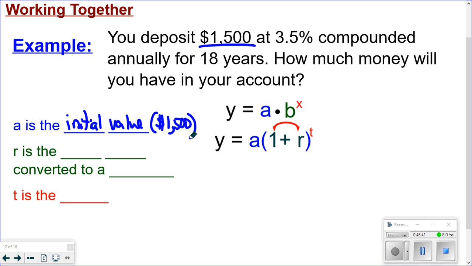Yippee. R is the rate. That's 3.5%. The growth rate. Or in this case, it's the interest rate, right? But it's a growth rate. It's fine. Converted to a decimal.